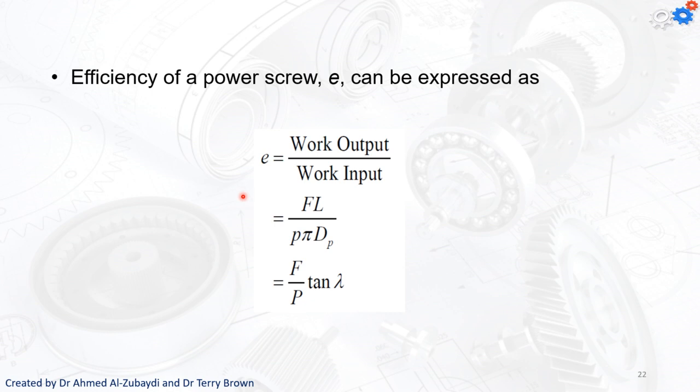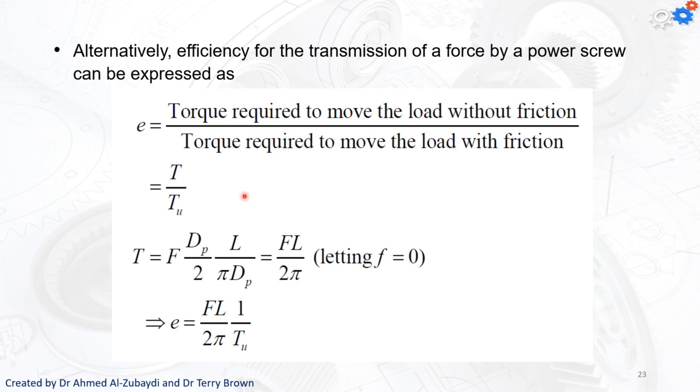Alternatively, I can use the torque to do the same calculation. The efficiency of the transmission of the force by the power screw can be expressed as the torque required to move the load without friction divided by the torque required to move the load with friction, or T divided by T up, or TU.